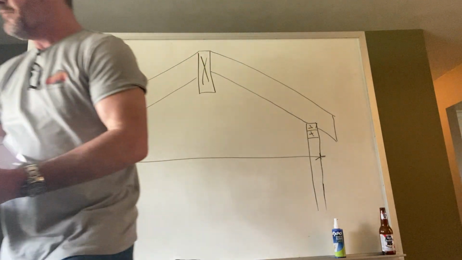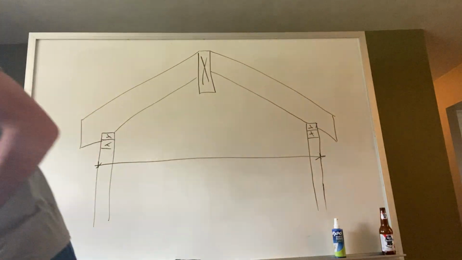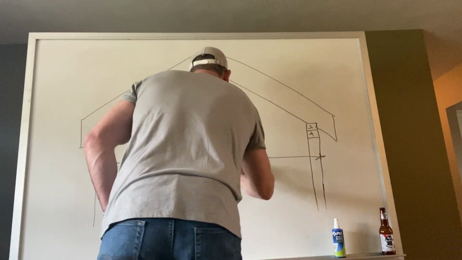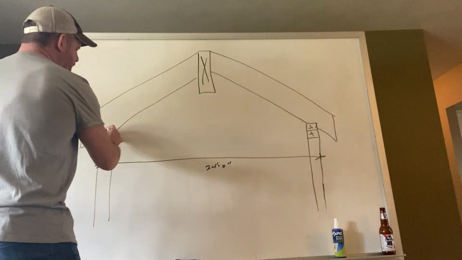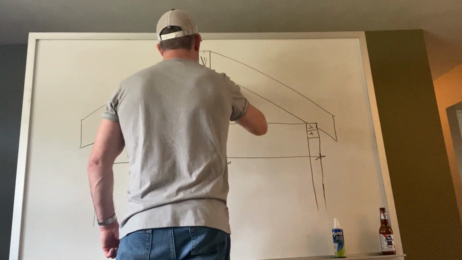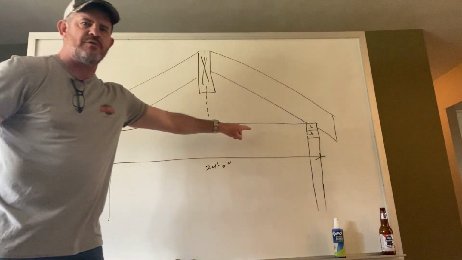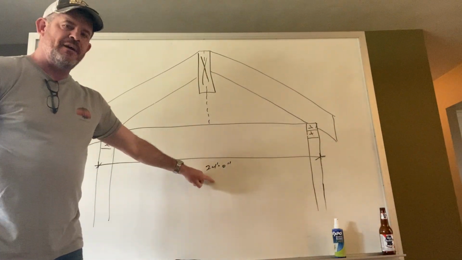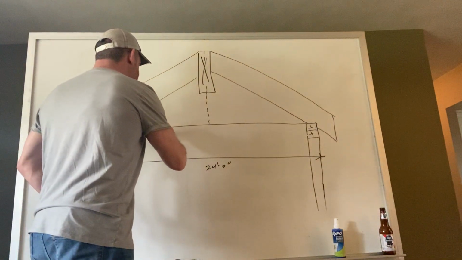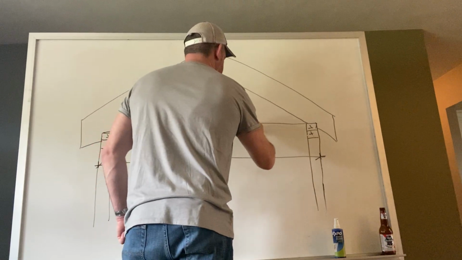So again, keep this by your side so that you can refer to it. If our span is 24 feet, I can therefore create a triangle right here, and we understand that the bottom leg of that triangle is half of that span. So my run there would be 12 foot, and my run there would be 12 foot.